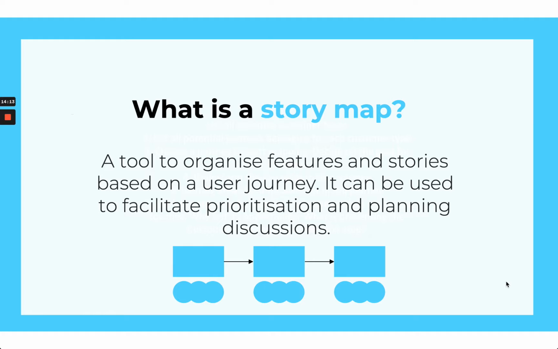It can be used to facilitate prioritization, planning, and discussion. In my experience, the best way to do that is to have a very visual way of showing all the stories and tasks that can cover the journey that Kylie mentioned. We will talk you through an example to make it more clear, but it's basically to show for each journey what needs to be done.